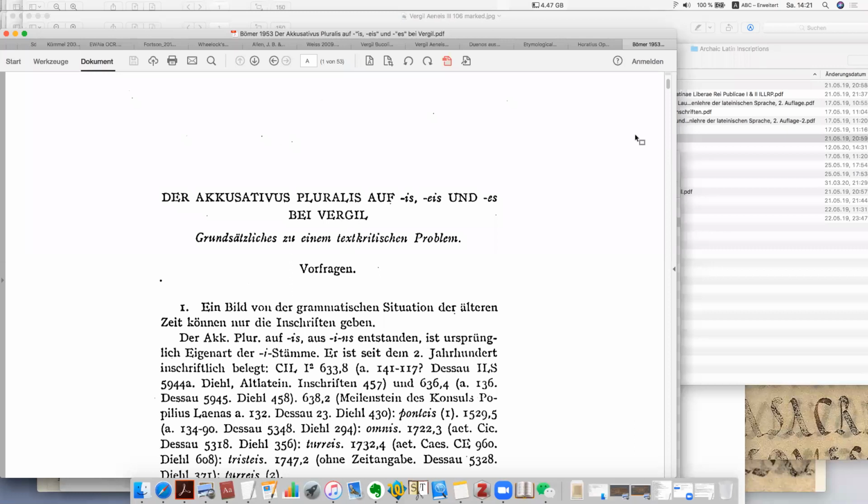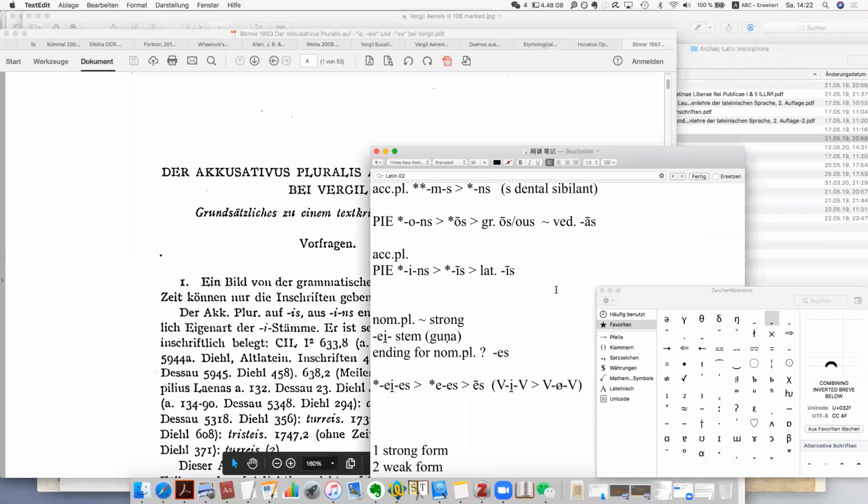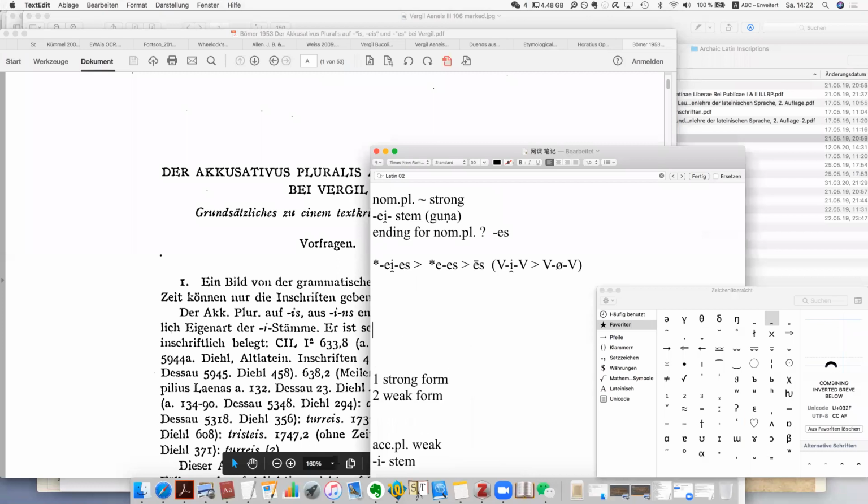It's a paper from 1953, about 70 years ago. He just discussed in great detail the distribution of is, as, and s in Vedic. So you can see in the text, there's always a coexistence of older and younger forms. It's always like this, you find it.